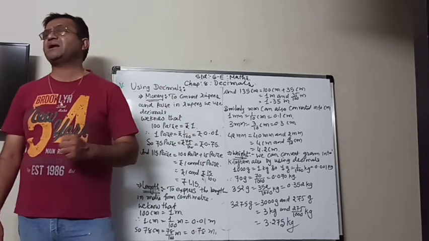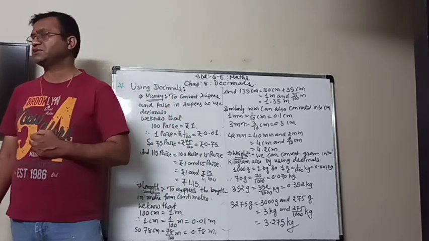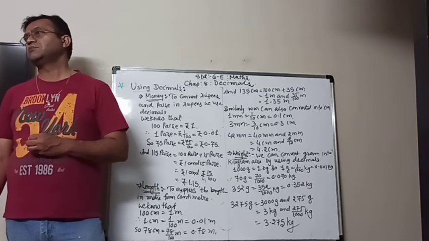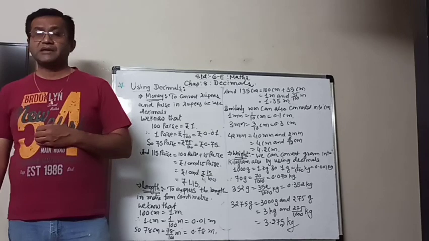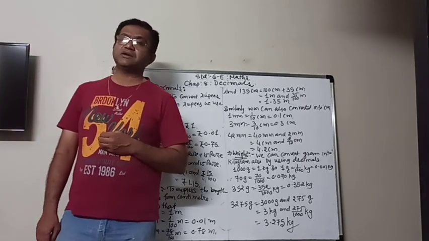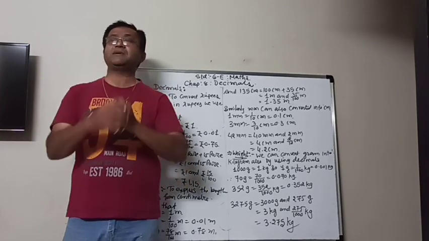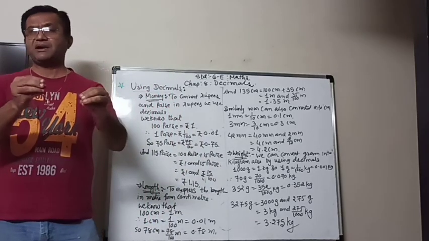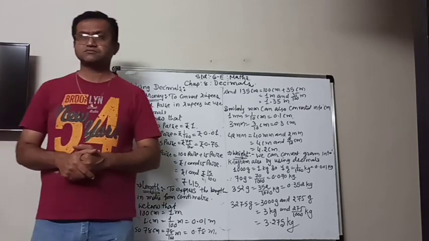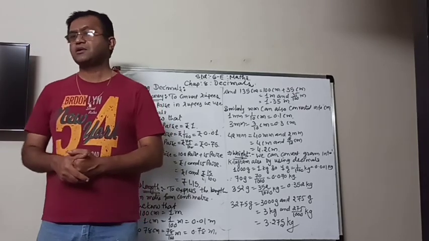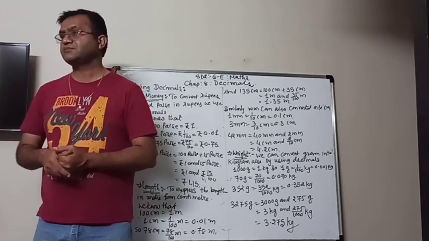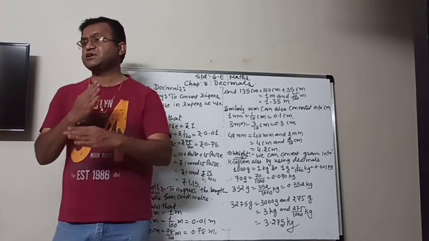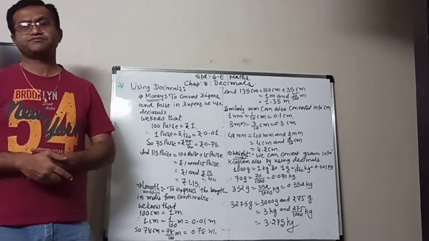But when you see the prices of different objects in the shop, the prices are written like MRP, maximum retail price, rupees 3.75, 99.99, etc. So you see that there is the use of decimals here.